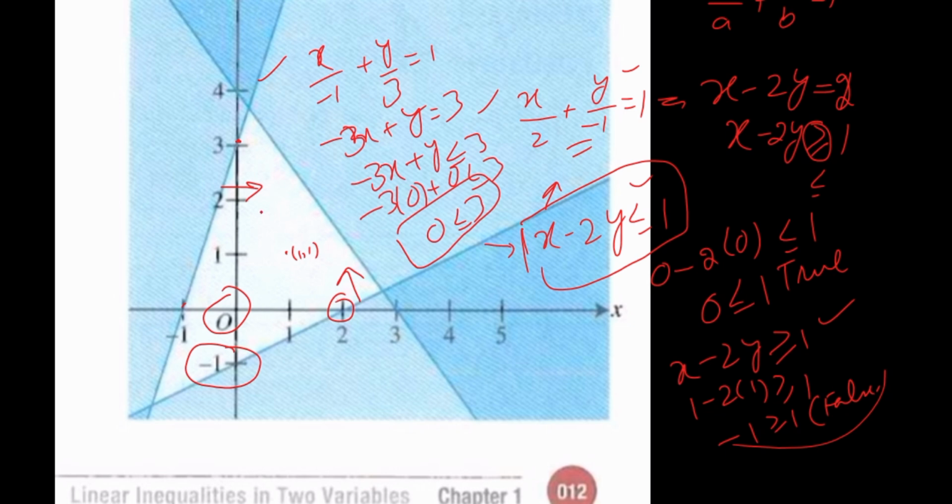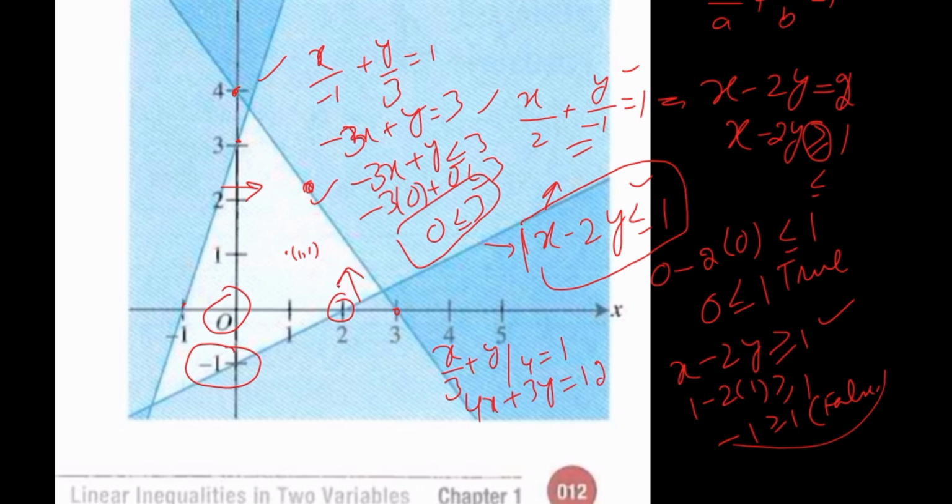The last one, this one. This line passes through two intercepts, y-intercept 4 and x-intercept 3 here. So the equation is x over 3 plus y over 4 is equal to 1. Multiply by LCM, that is 12 here. We have 4x plus 3y is equal to 12.